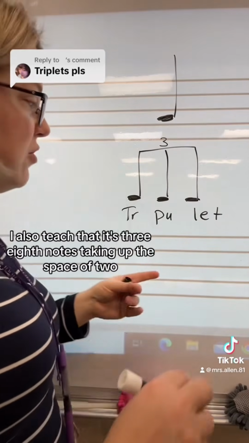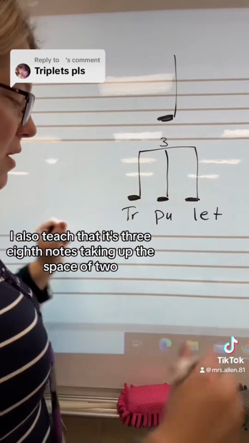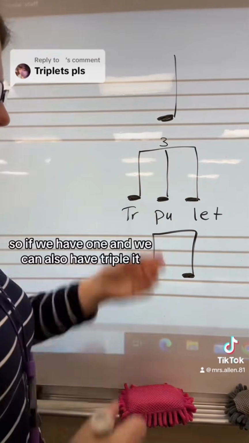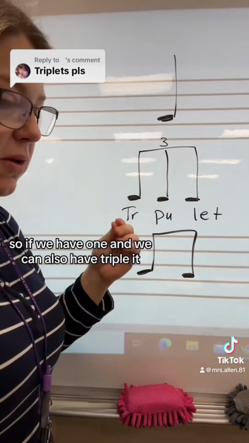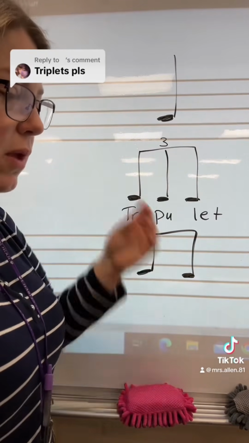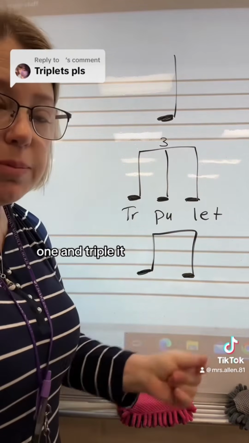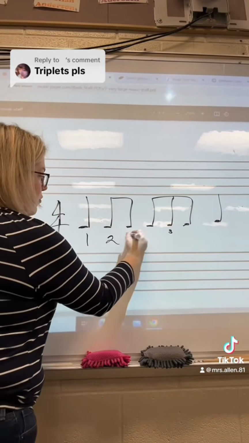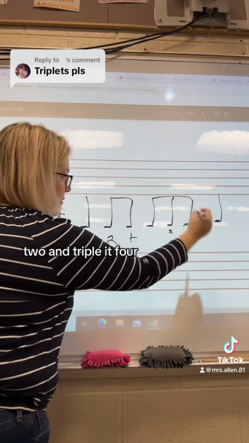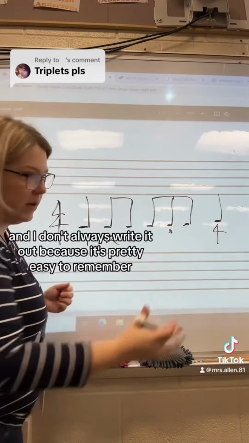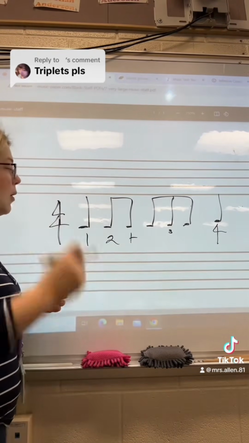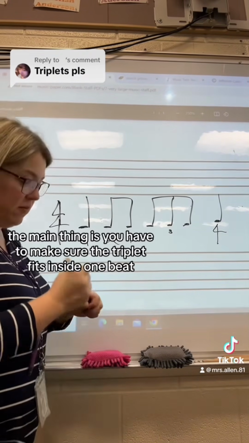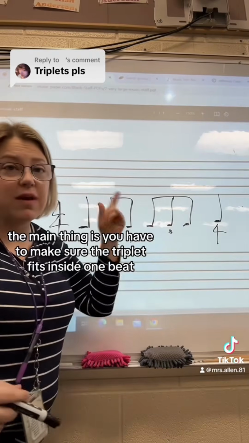I also teach that it's 3 eighth notes taking up the space of 2. So if we have one and, we can also have triplet. Let's do this rhythm here. We would say 1, 2, and triplet 4. I don't always write it out because it's pretty easy to remember. The main thing is you have to make sure the triplet fits inside one beat.